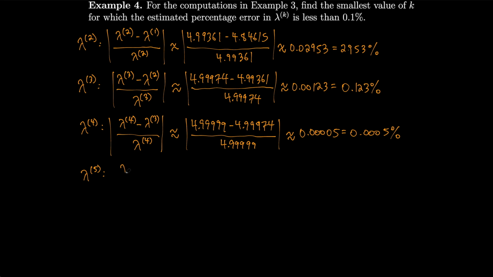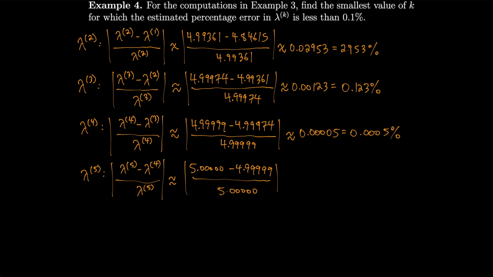How about we see what lambda 5 minus lambda 4 over lambda 5 would be. So that's about 5.00000 minus 4.99999 over 5.00000, and it's about 0.000000. It's about 0%.